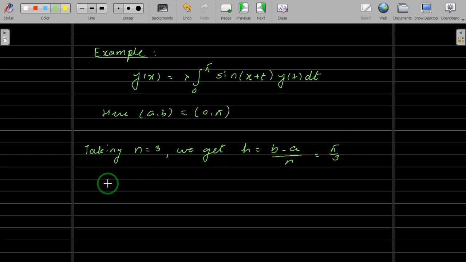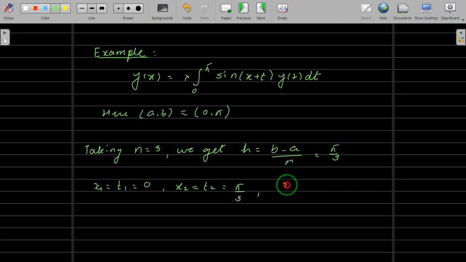Hence if we change the x1, x2 or s1, s2 values, we will have x1 equals t1, and that will be 0, that is a. Then x2 equals t2, and that will be a plus h, that is 0 plus pi by 3.